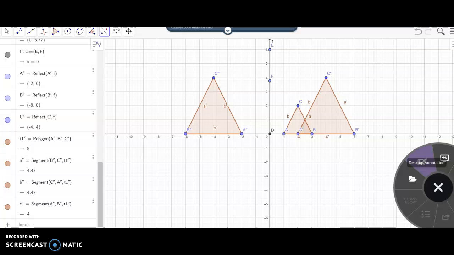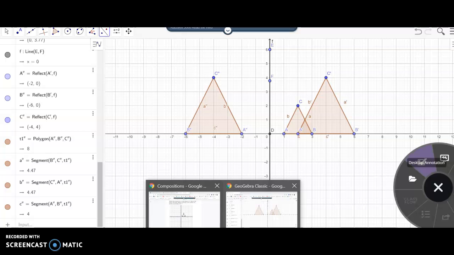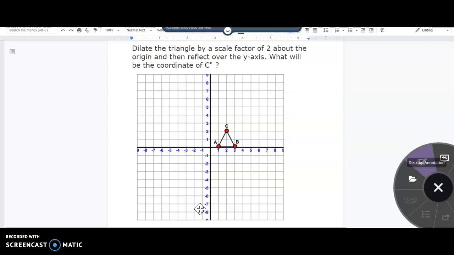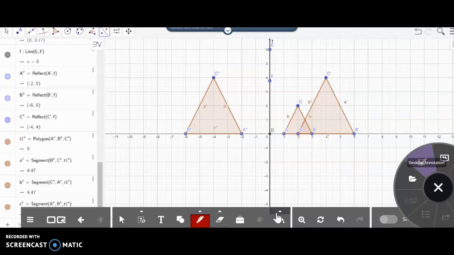So basically this is reflecting on the y-axis. It's like a mirror, it reflected on it. So let me take a screenshot of this. Okay, and let me go back to the question. The question was telling me what is the coordinate of new C? So let me go back to here.